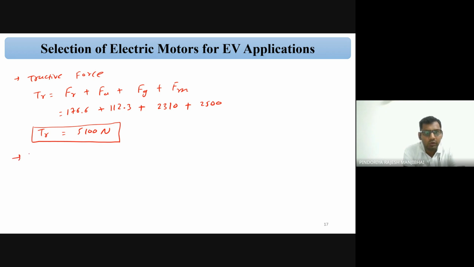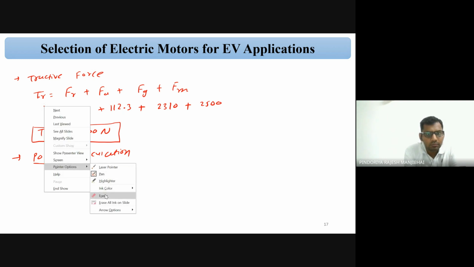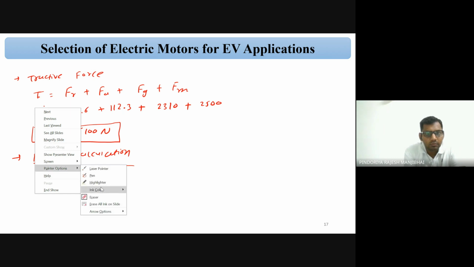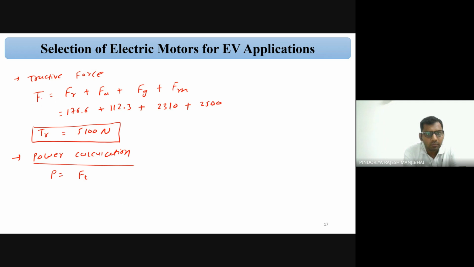So now finally we have to calculate the power, because ultimately we have to find out the power rating, correct? So power is equal to Ft, the tractive force, into the velocity.